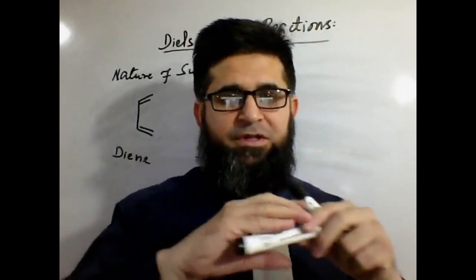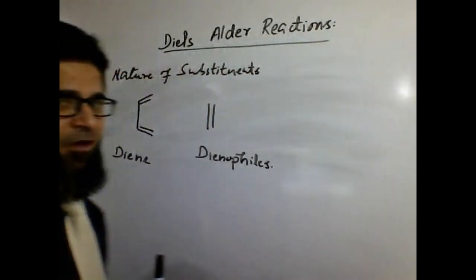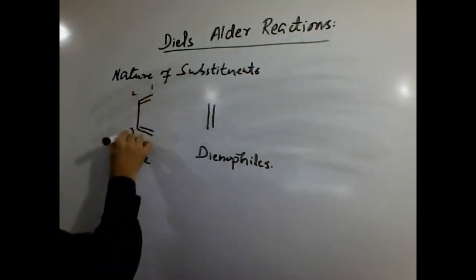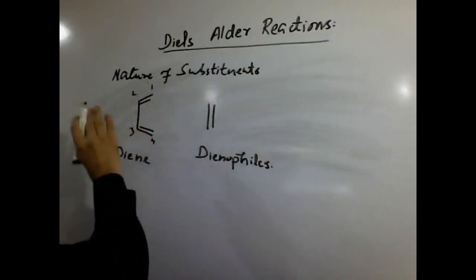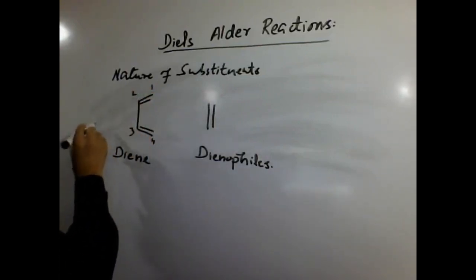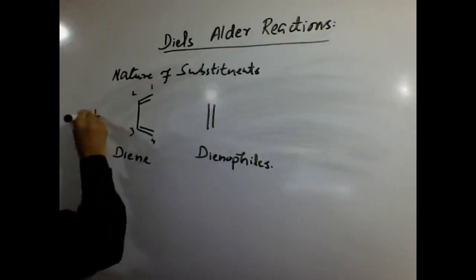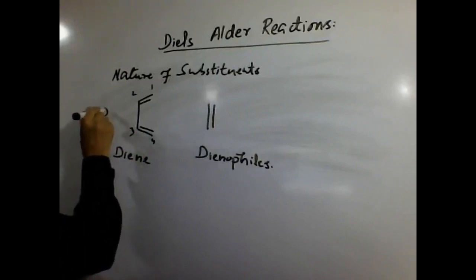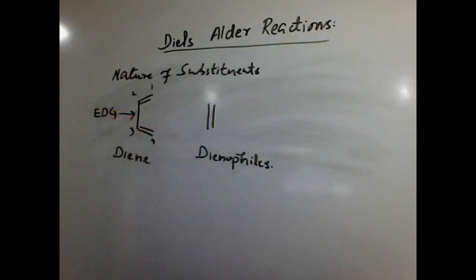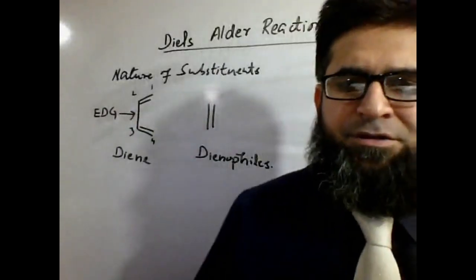How could the nature of those substituents influence the reactivity? Generally, there are 4 carbons, 1, 2, 3 and 4, at least in the dienes. The carbons are supposed to carry electron donating groups. Electron donating groups should be present on dienes to accelerate the reaction.